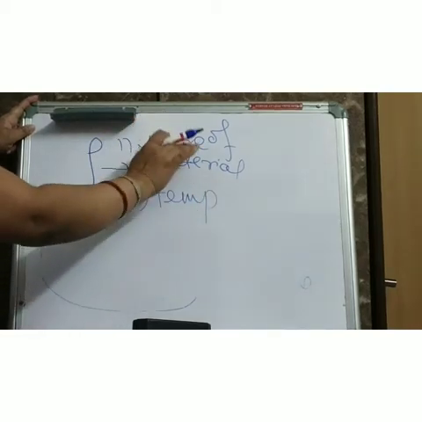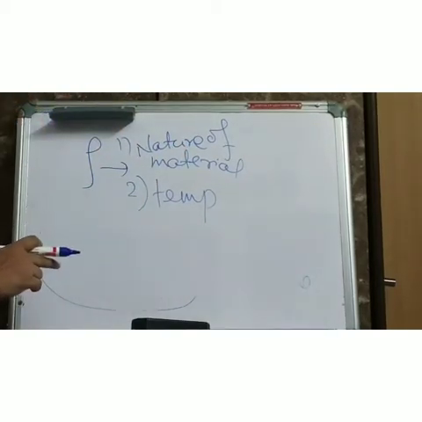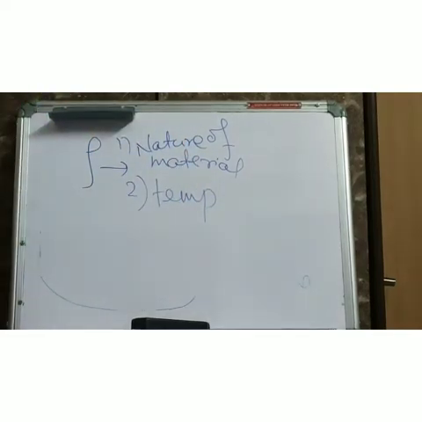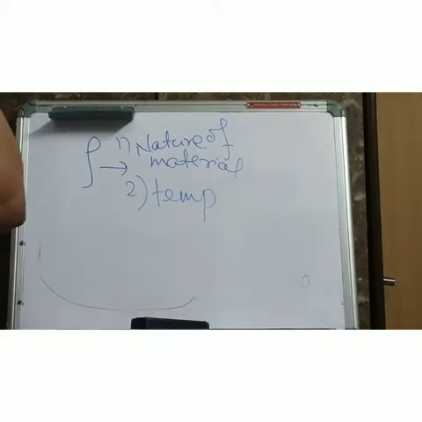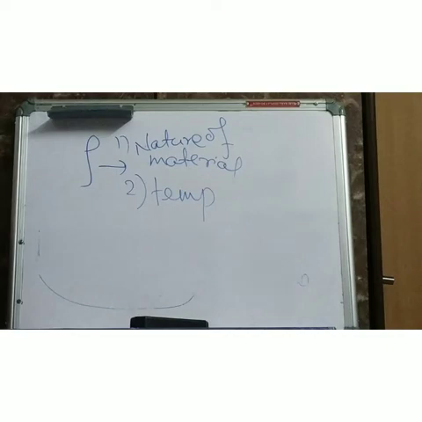Since rho depends on nature of material and temperature, these two factors also affect your resistance. So your R will change based on the nature of material. If you are changing the material, R will also change. Clear?